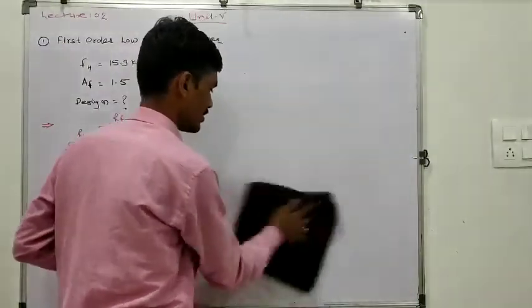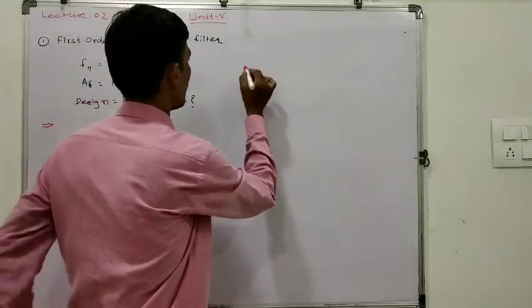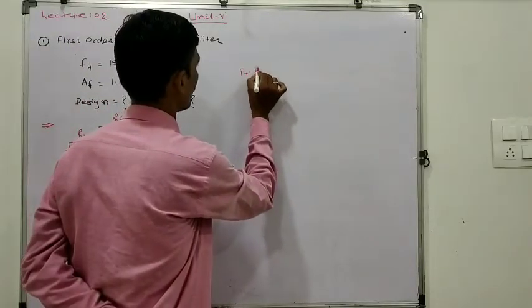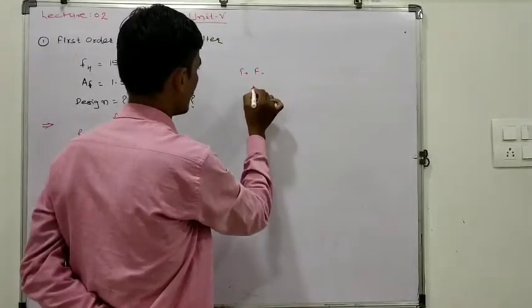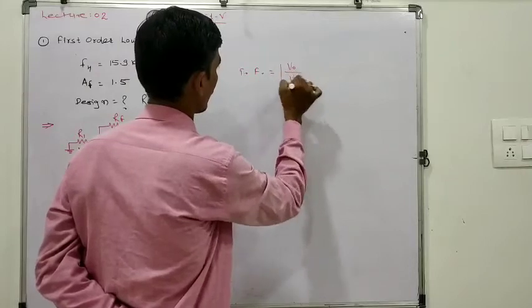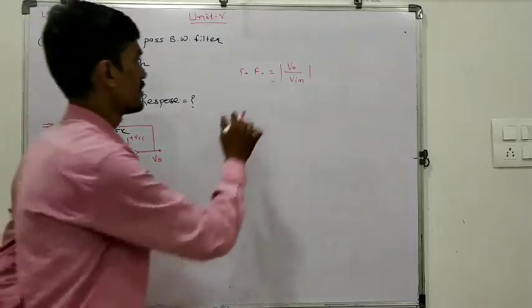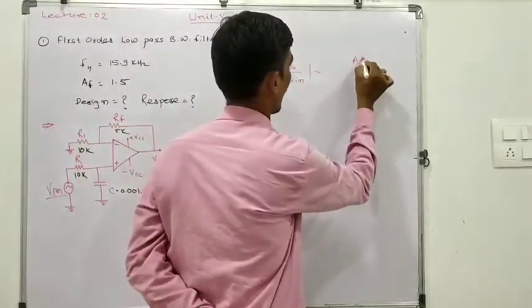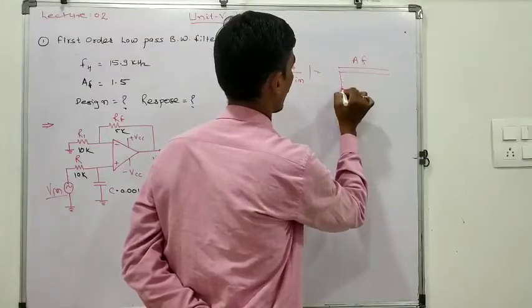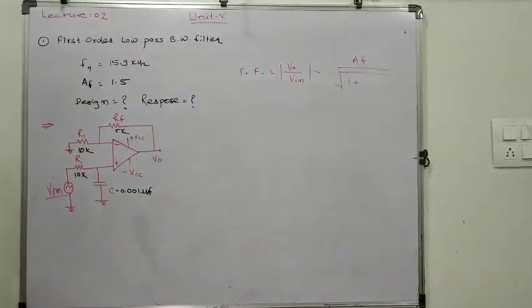So for the response, we must know the formula for the response, that is VO by Vin, the transfer function. Transfer function is equal to mod of VO by Vin. So transfer function VO by Vin is equal to what? We had discussed this formula in the previous lecture.